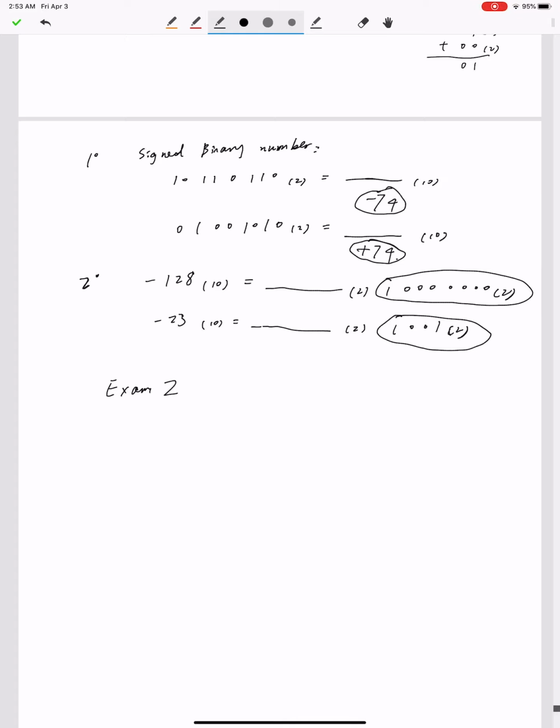And the due date for Exam 2 is next Monday, which is, let's see, April 6.